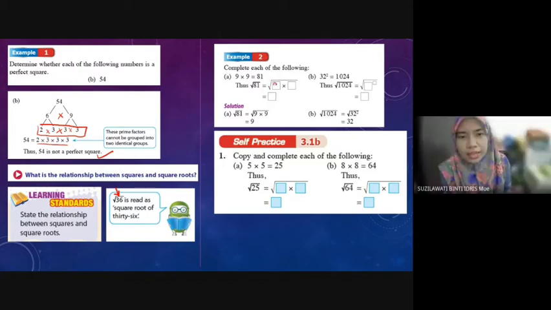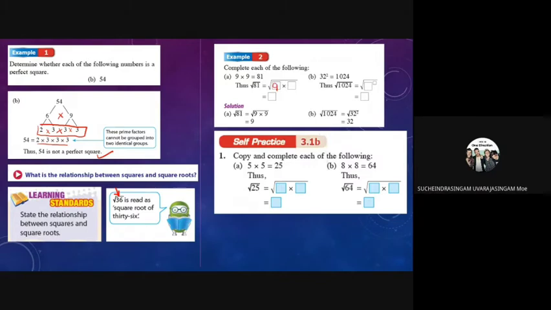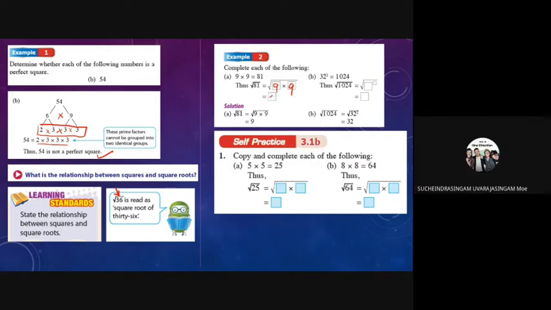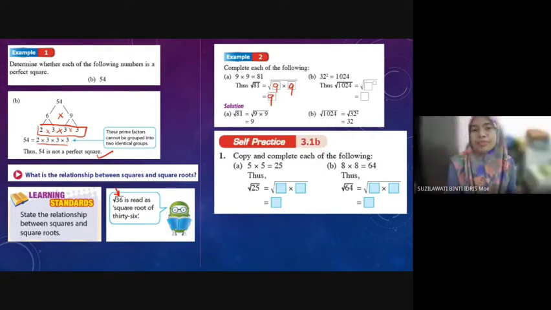Thus, square root of 81 equals square root of 9 multiplied by 9, and the answer is 9. Okay, this is without using a calculator. You get the answer here, 9.